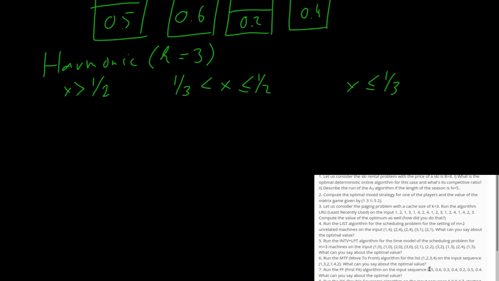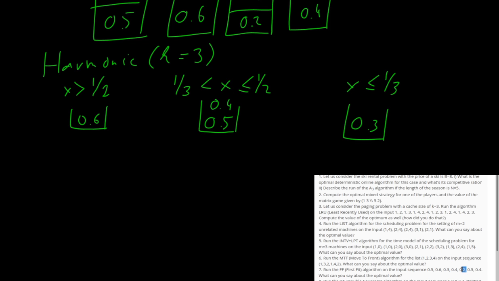So processing this, first 0.5 gets placed into such a bin. 0.6 is larger than 1/2, so it will get placed into a bin for the first category, and then you will get this 0.3. 0.3 is smaller than 1/3, so you just put it here. 0.4 is somewhere between 1/3 and 1/2, and it fits here, so it's fine.